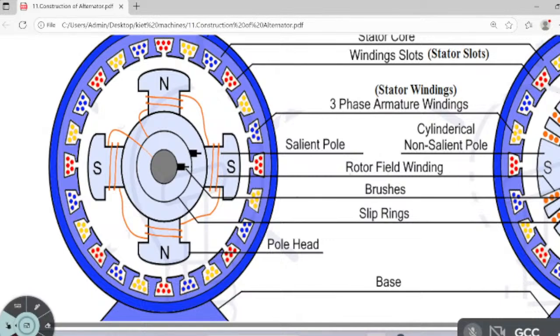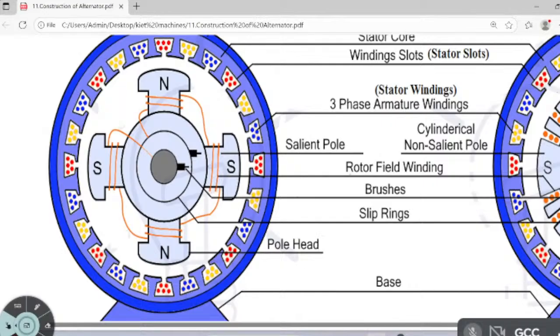In DC generator the conductor is rotating. How is the working of DC generator? Field is available. I am rotating the conductor. Whenever a conductor is rotating in a magnetic field, an EMF is induced in the conductor. That is the DC generator working or principle.